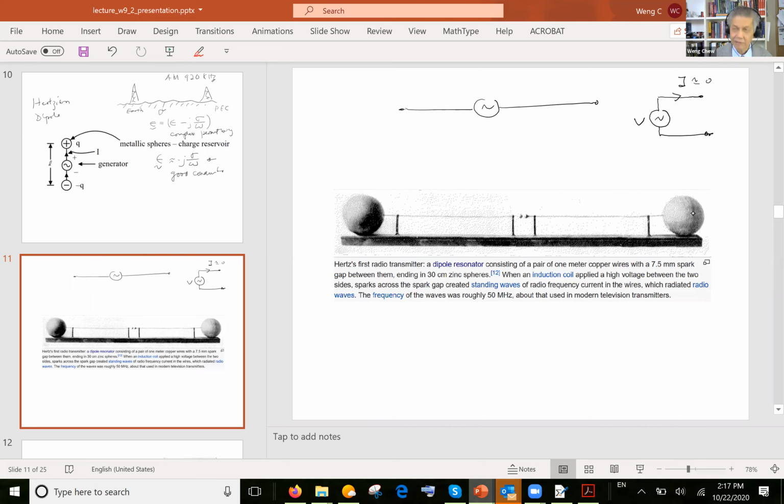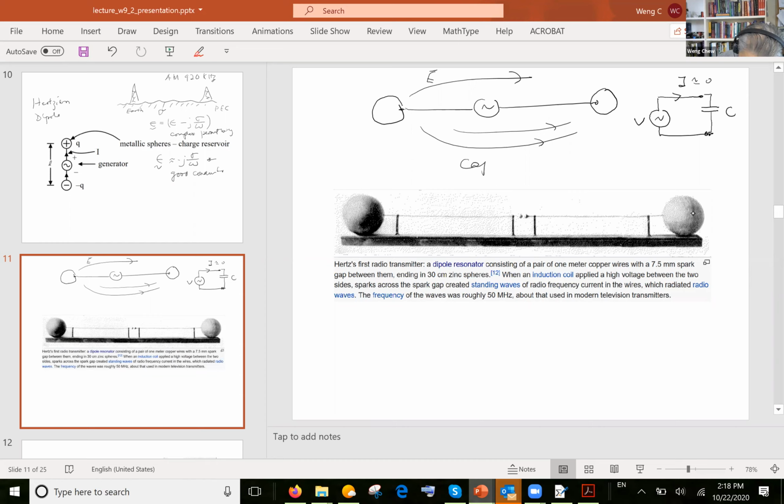Okay, so how can I increase I? Well, I can increase I by putting a capacitor at the end here. If I put a C that's non-zero, and now I drive the current into it, then the current would not be zero. So Hertz was very clever, so he hooked up two spheres. These two spheres have an electric field that goes like that, the E field.